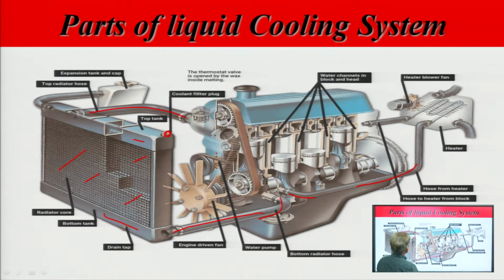Here also the thermostat valve is opened by the wax inside melting. Thermostat valves are there also, and these are the channels provided for the flow of the water. So, this is the 3D picture of the liquid cooling system.